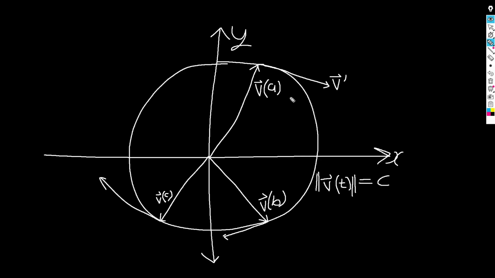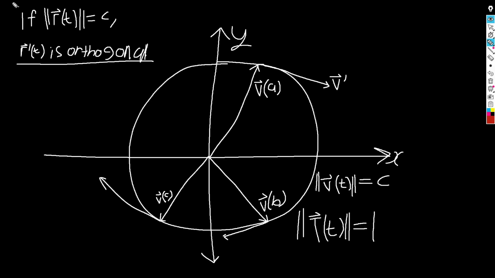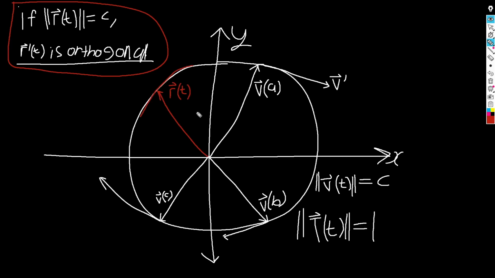So now we'll make v here a function of t. v of t's norm is always a constant c. And so is T's norm. In this case it's 1. So we come to the conclusion that if the norm of r of t is a constant, then its derivative is orthogonal to itself. Even if r's graph is only a small part of a circle, its norm is still a constant.